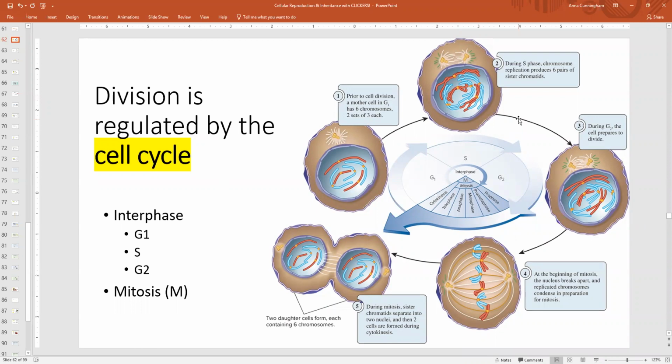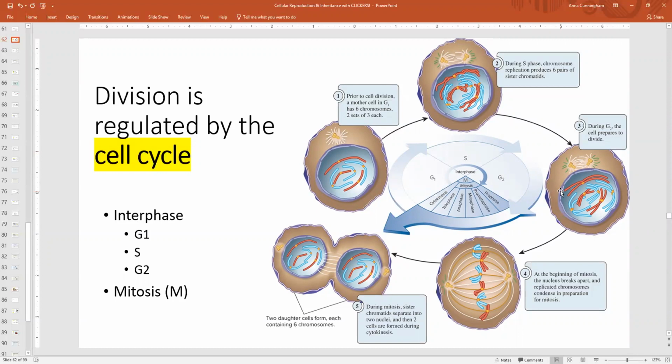We're making more mitochondria, we're making more chloroplasts in your plant cell, basically more organelles, so that when the cytoplasm divides, you have organelles in both of those daughter cells as well. So that's what's happening when we go from S to G2. We have duplicated DNA, and we're duplicating everything else, as well as generally getting larger. So that's S to G2.